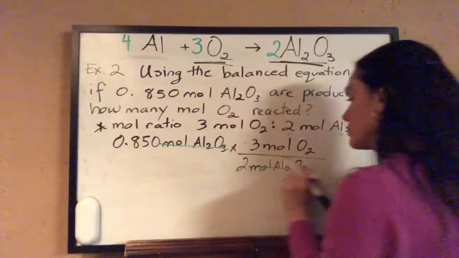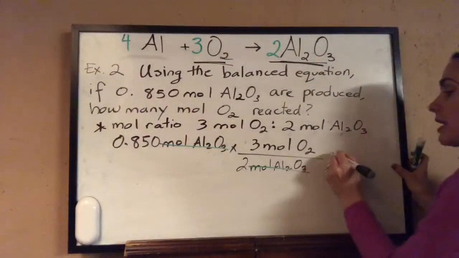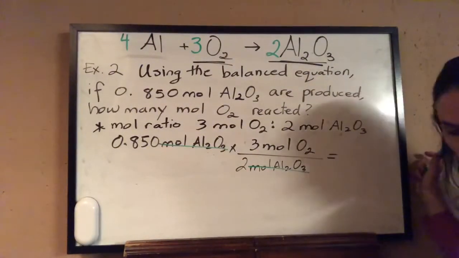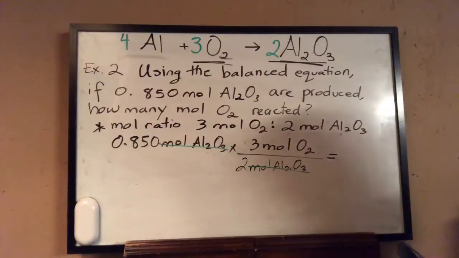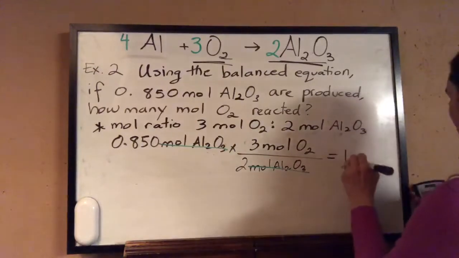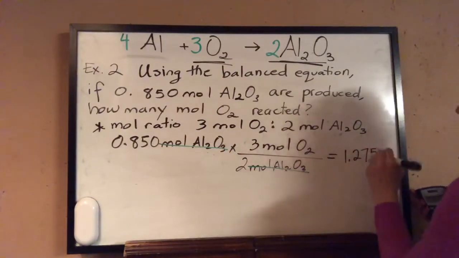Okay, so these units of moles of aluminum oxide cancel out. And then you would do your math. 0.850 times 3 divided by 2. Okay. You come out with 1.275.